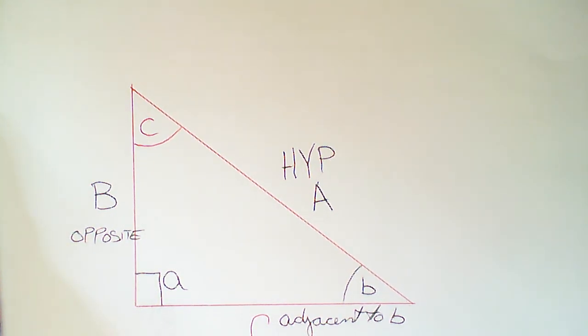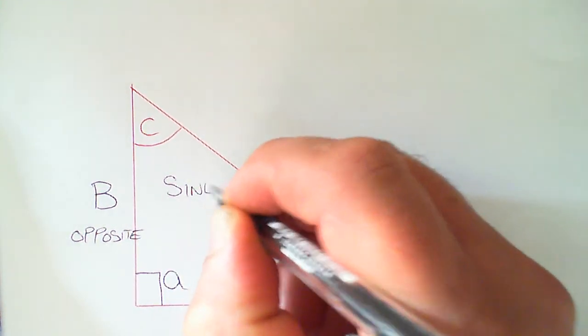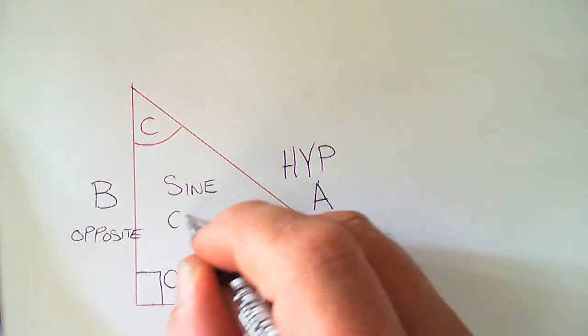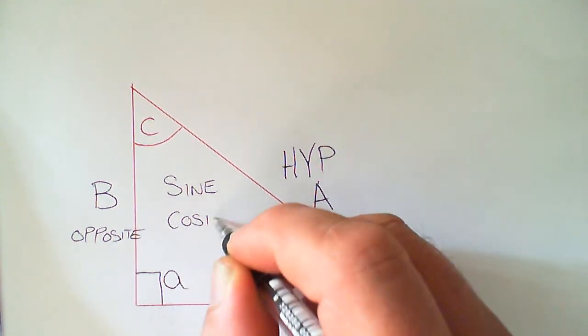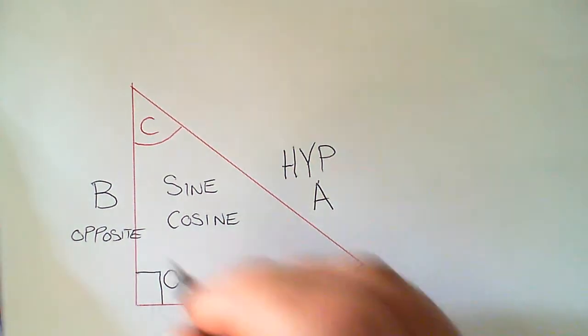Well, we use sine, we use cosine, and we use tangent.